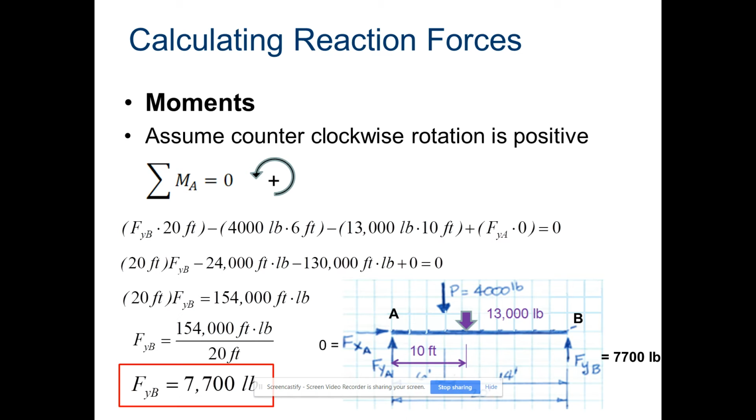So FYB times 20 feet minus 24,000 foot-pounds minus 130,000 foot-pounds equals 154,000 foot-pounds. To solve for FYB, we divide by 20 and we get 7,700 pounds.